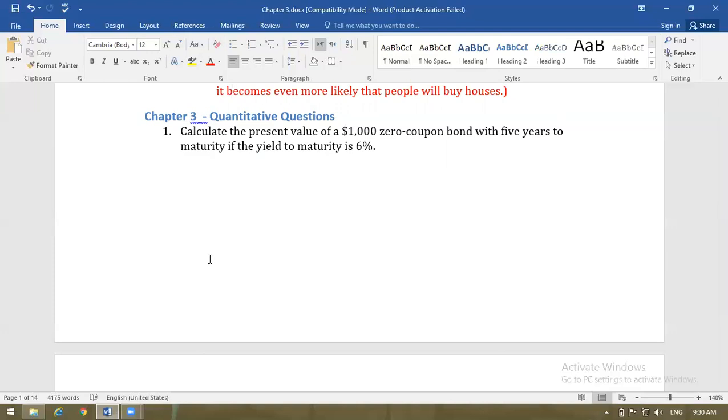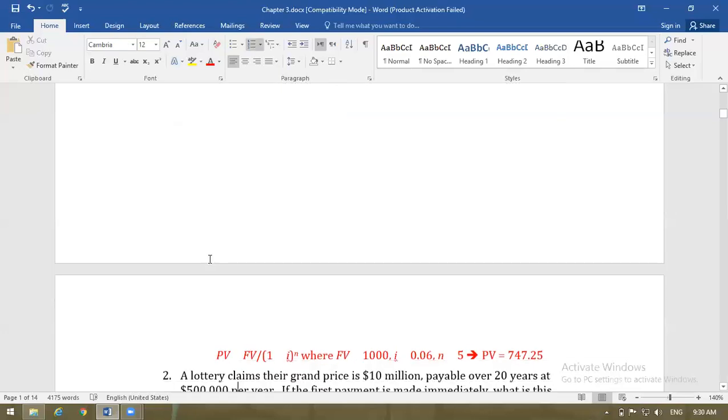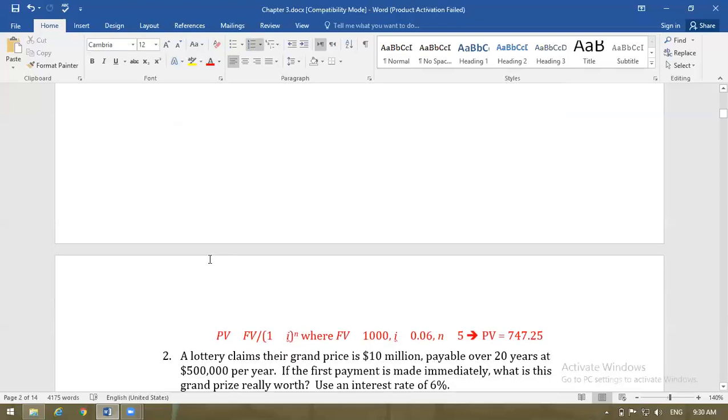So we are using the simple loan case formula, which is future value is equal to present value divided by 1 plus I raised to power n, or present value is equal to future value divided by 1 plus I raised to power n, where future value is 1000, number of years is 5, and interest rate is 6. By using all this information, we can easily find out present value is equal to 747.25.